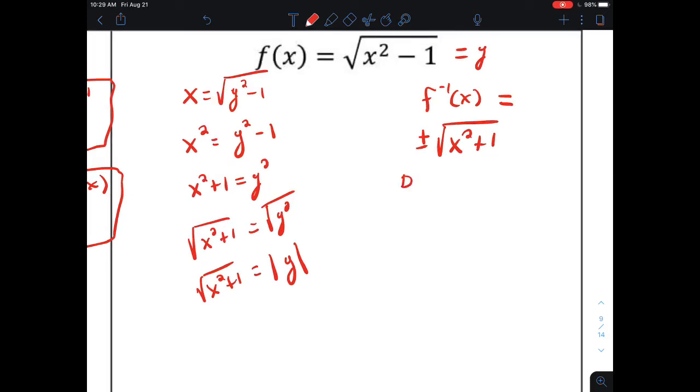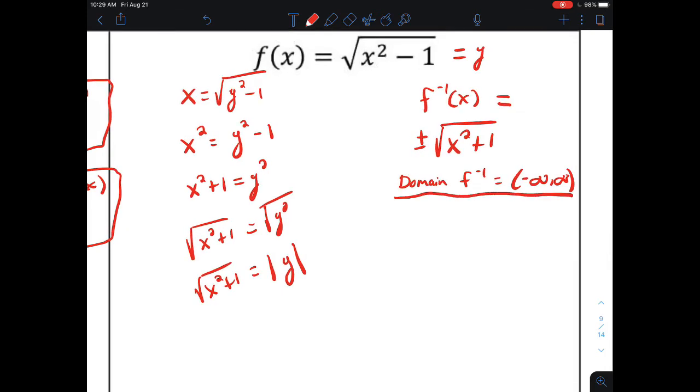And so the domain of the inverse of f is equal to all real numbers, which would make us think, well, wait a minute now, does that mean the range of f is all real numbers?